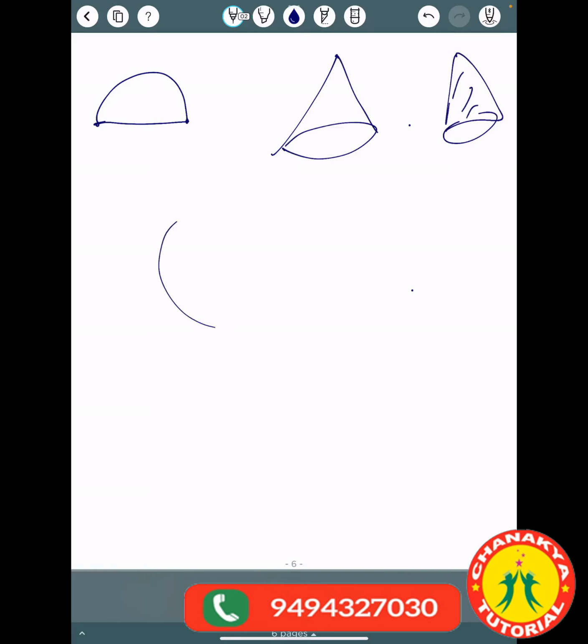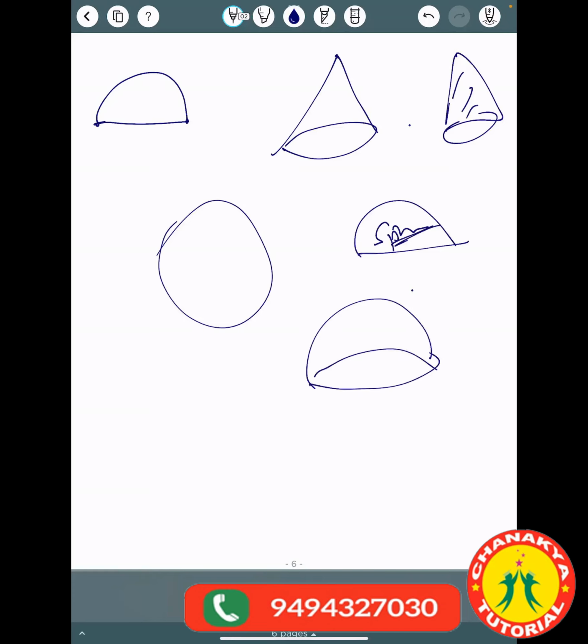Okay, so all of you remember, I will give you shapes also if you want. You have to memorize the center of mass of a semicircle. What is the value? I will ask tomorrow, all of you. And a cone, hollow cone, solid cone, and a sphere, half sphere, half hollow sphere, half solid sphere.